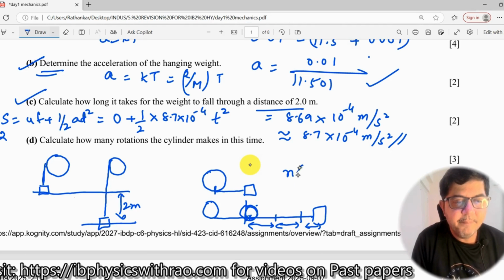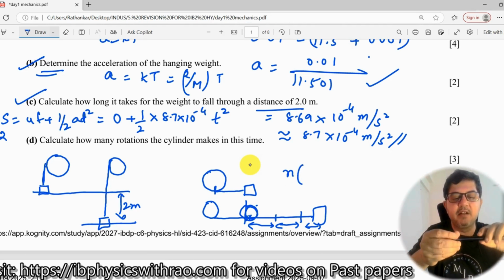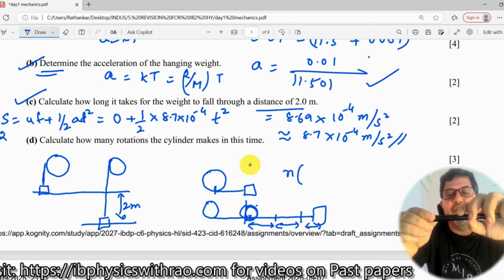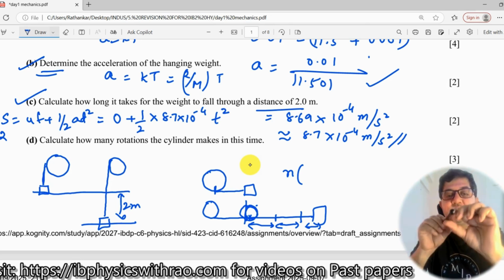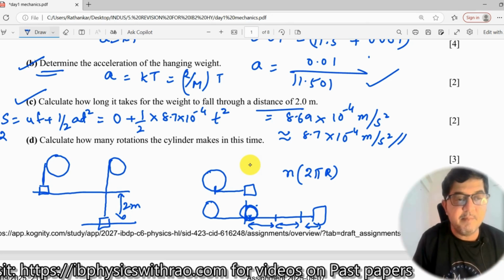So this n times, if I roll this pulley fully, so for example, if I take this particular point, if I roll this one fully, one full circle, what is the distance traveled by this? 2 pi r, right? Where r is the radius of this particular barrel. So therefore, I can now say n times I have rotated, multiplied by 2 pi times r. What is r here? r is the radius of the barrel. Which barrel are we talking about here?